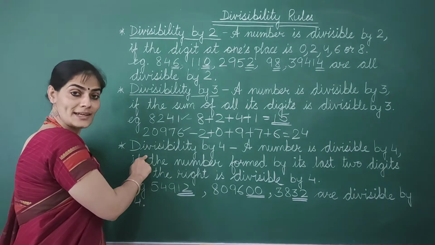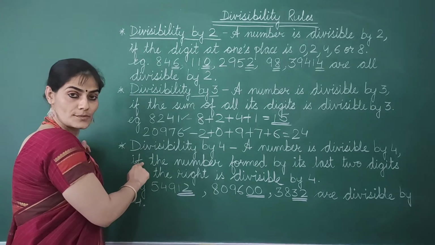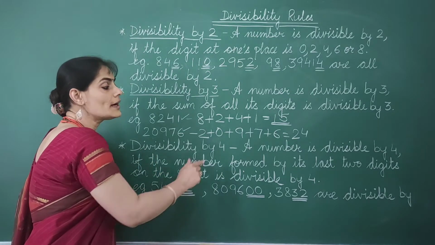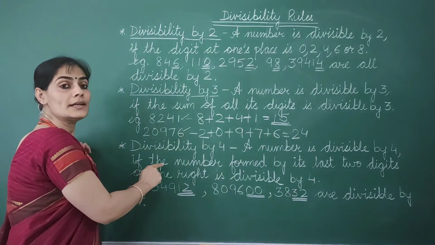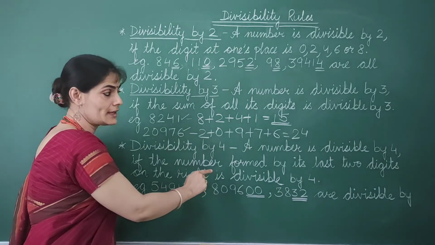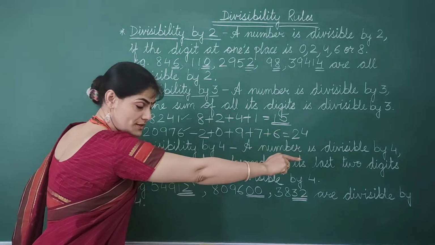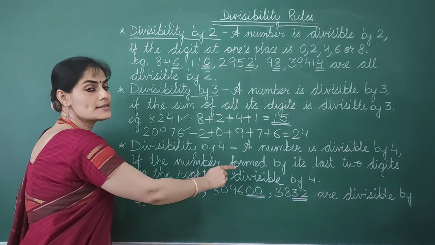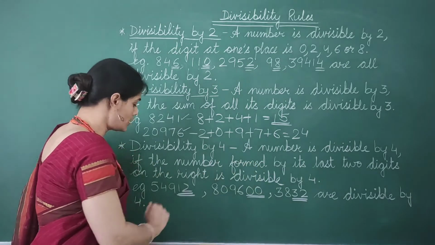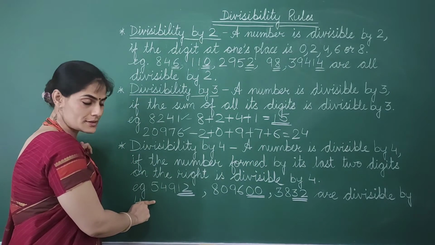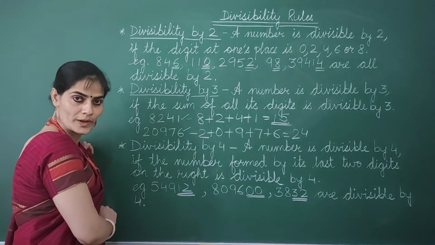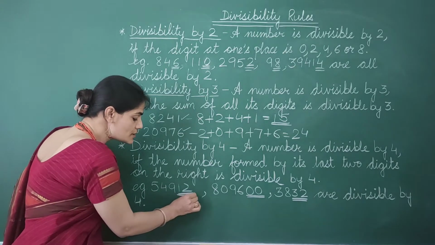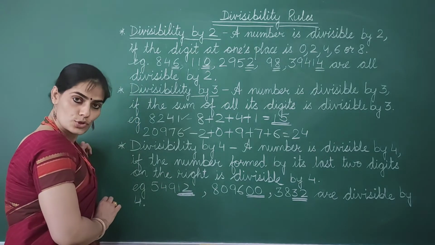Now we move to the next rule and it is divisibility by 4. A number is divisible by 4 if the number formed by the last two digits on the right is divisible by 4. Look at these examples. Now here in this number 54,912, the last two digits would make the number 12.